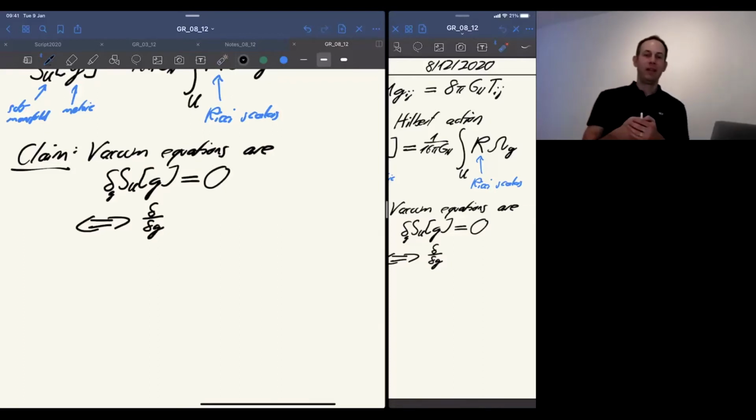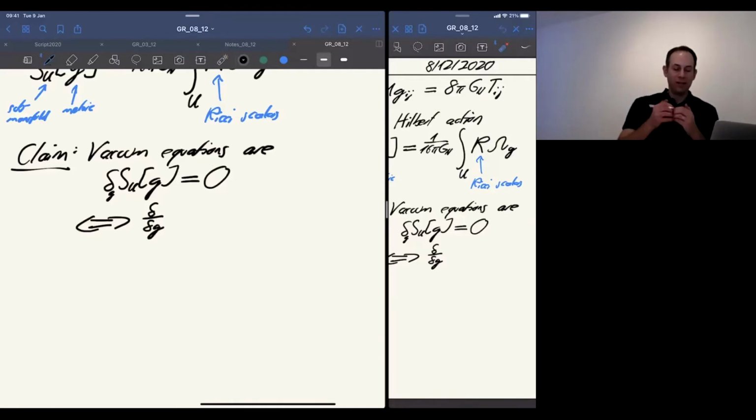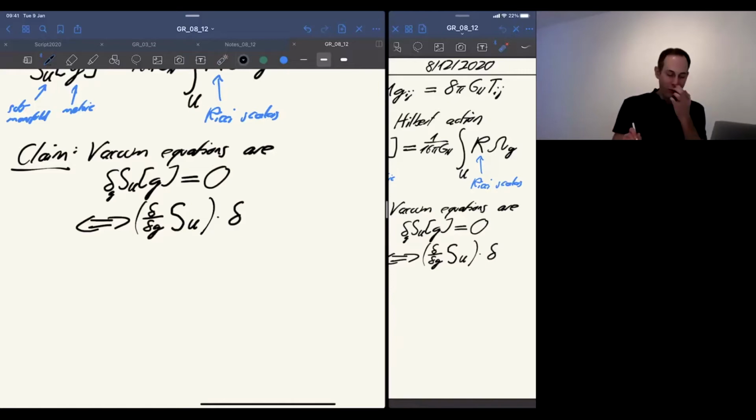So it's essentially a function that assigns to each point of the manifold a tensor. And in that sense, it's a variation with respect to a function. So let's take this derivative of the action S with respect to the function, and then multiply it with a variation of G. And this should give 0 for all variations of G.